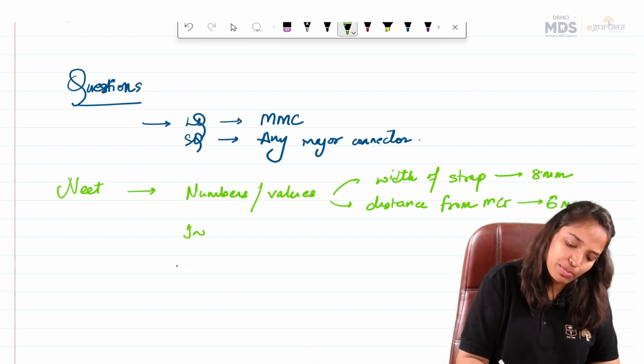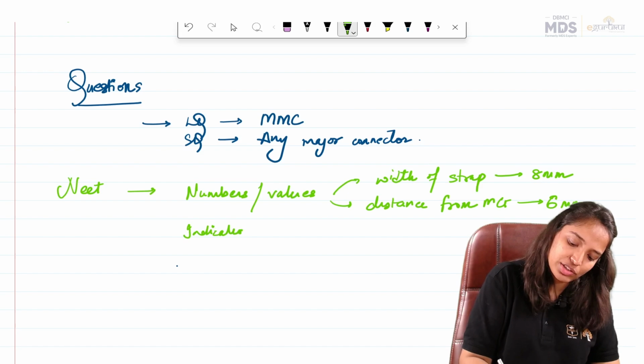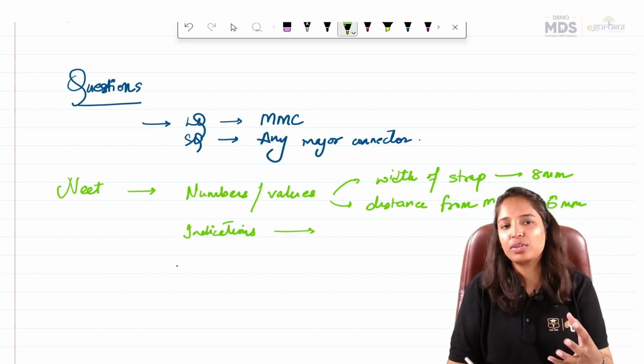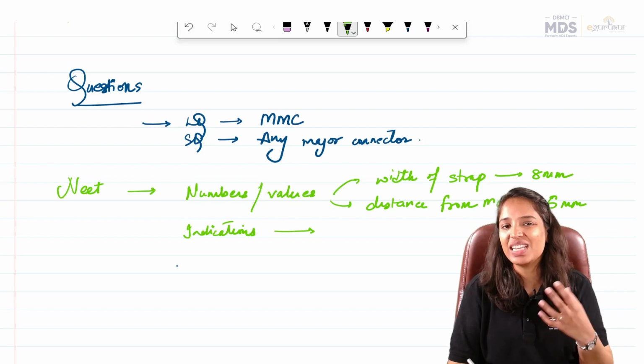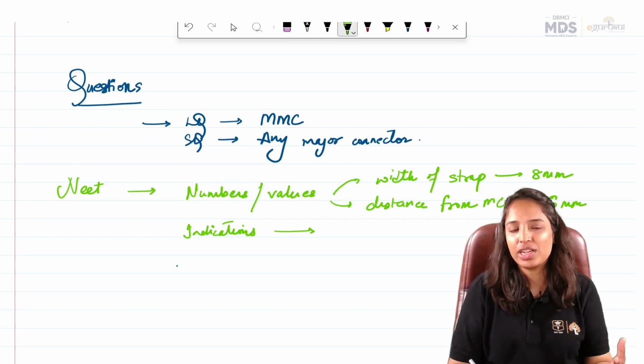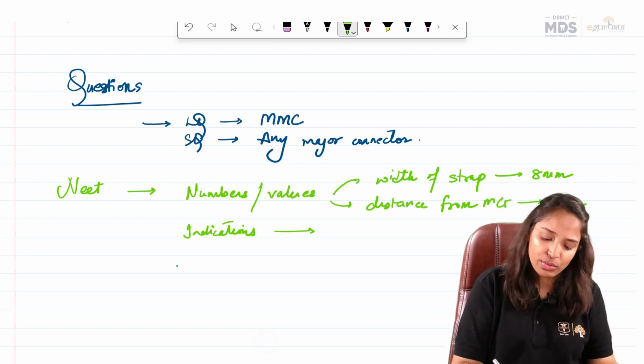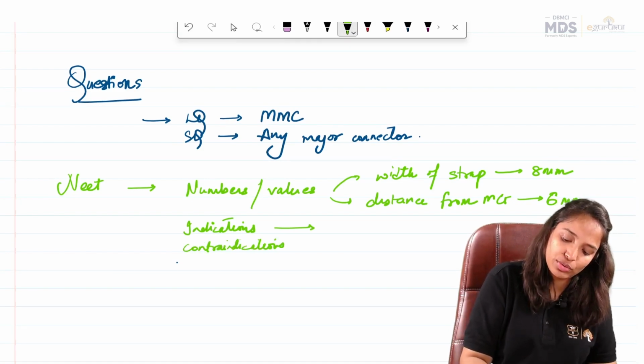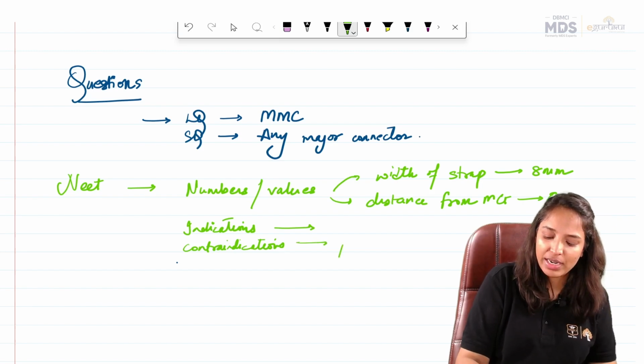And second most important questions are indications. What is the indication? Most important question that comes out of indication is the indication of a U-shaped palatal connector. Third question that is of contraindications that are chiefly pertaining to torus only. Contraindications are usually pertaining to torus.